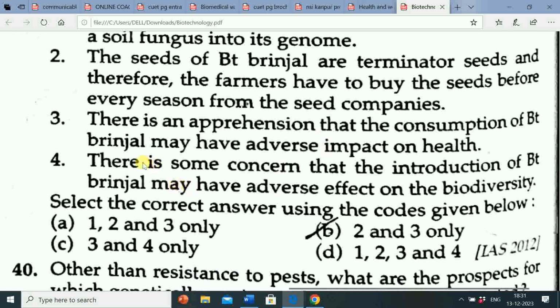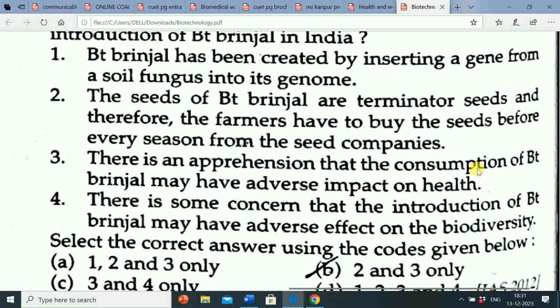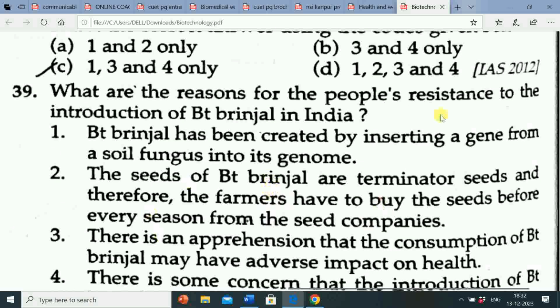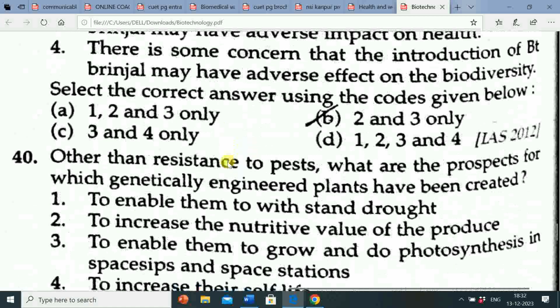And the third statement, there is an apprehension that the consumption of BT brinjal may have adverse impact on health. These two are the reasons for the people's resistance to the introduction of BT brinjal in India.